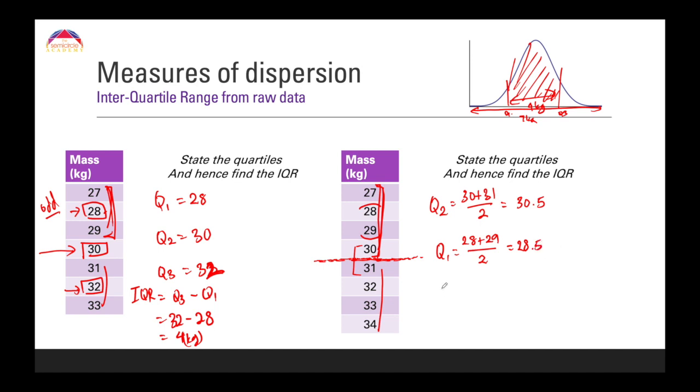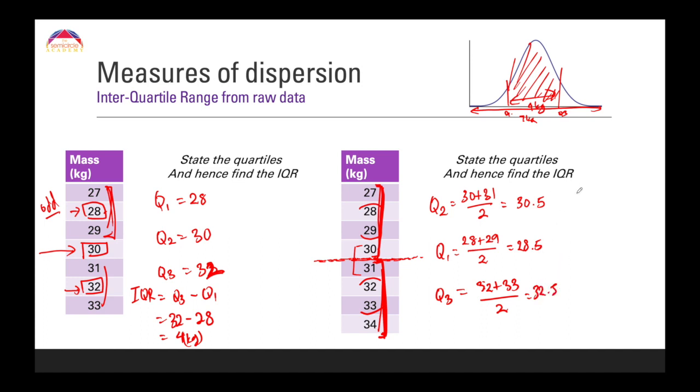Right? And can anybody tell me what Q3 is going to be? Nice, lovely. So what I did was I take this half from the 31 and I come down here. I realize it's 4 numbers, so I take the 2 numbers in the middle. That is where my Q3 is supposed to be. And I add them, 32 plus 33 divided by 2, and that gives me 32.5.